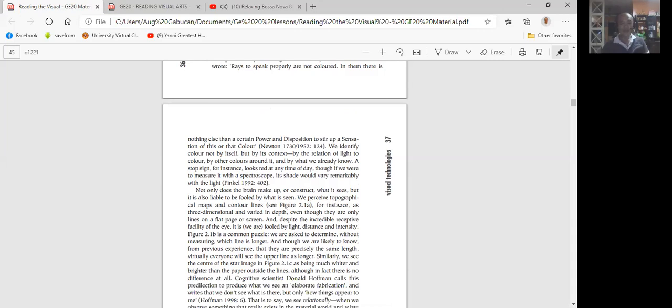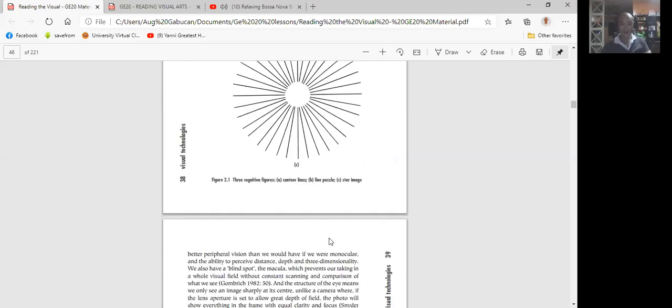Sometimes we perceive topographical maps and contour lines, for instance, as three-dimensional and varied in depth, even though they are only lines on a flat page or screen. Look at the image here.